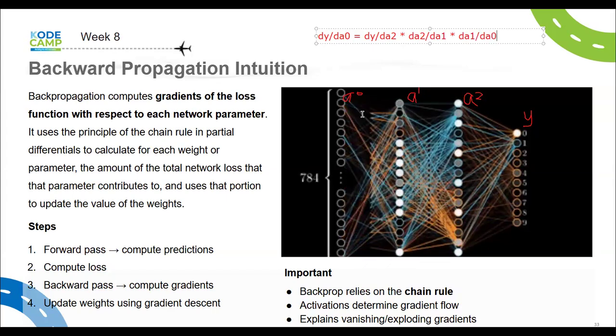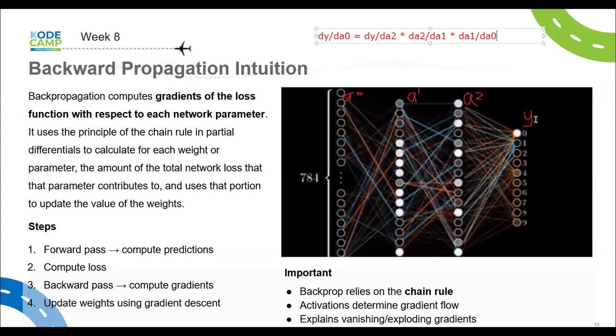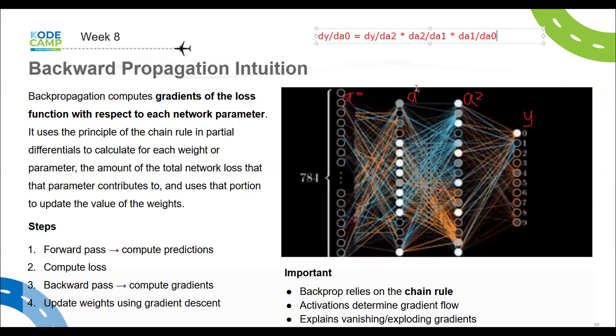So basically the impact that Y is getting from A0 is the product of the impact that Y is getting from A2 times the impact that A2 is getting from A1 times the impact that A1 is getting from A0, right? That is the chain rule. So you are chaining the impacts, basically.